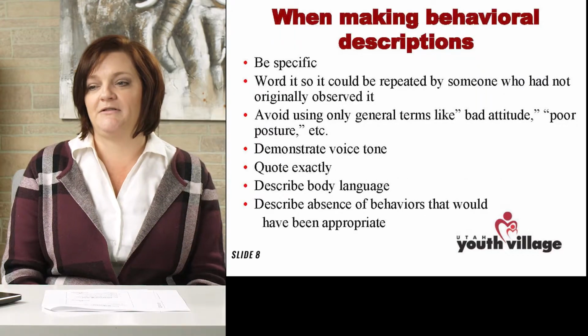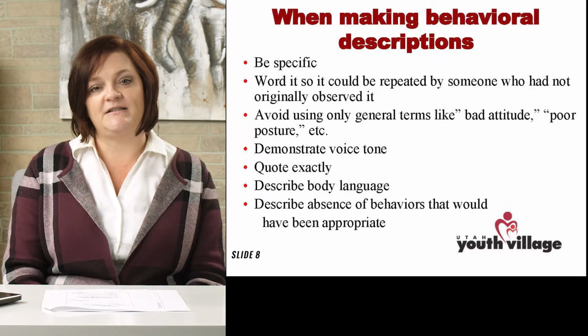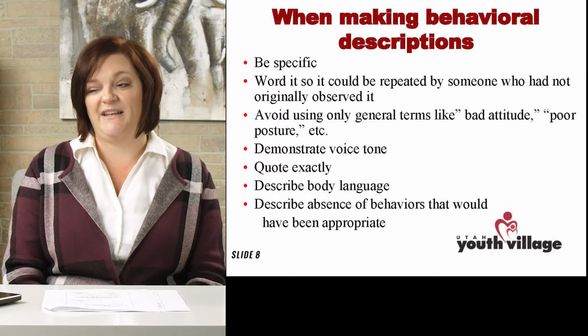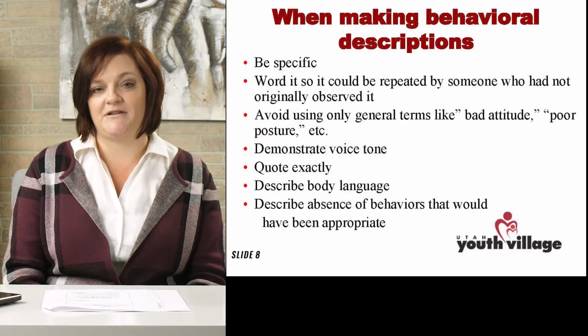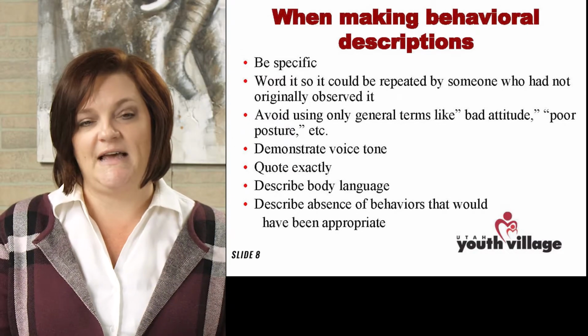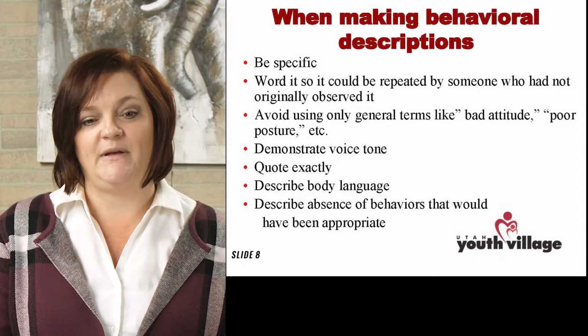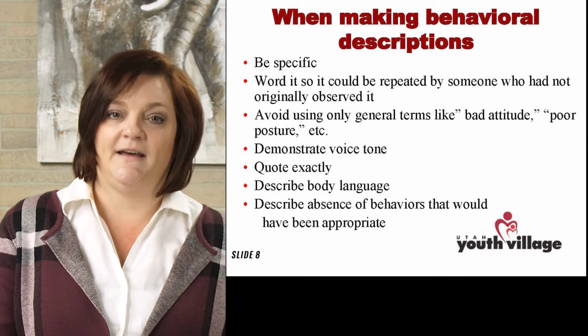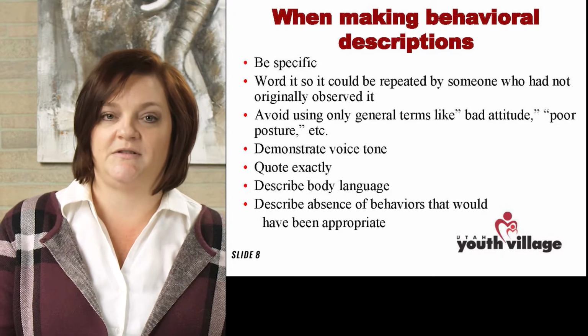When we're making behavioral descriptions, we do want to be as specific as possible. We also want to word it so that somebody could repeat it if they hadn't originally observed it. So for example, if I say somebody is pacing and using a loud voice tone, then another person would be able to describe that.